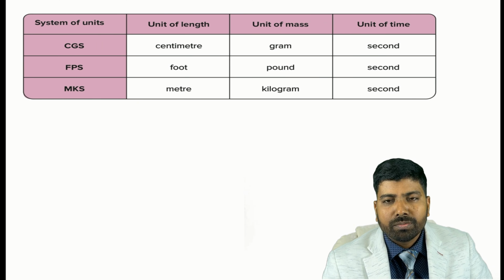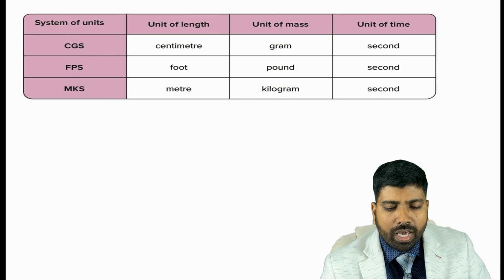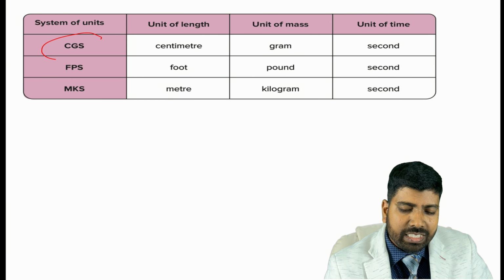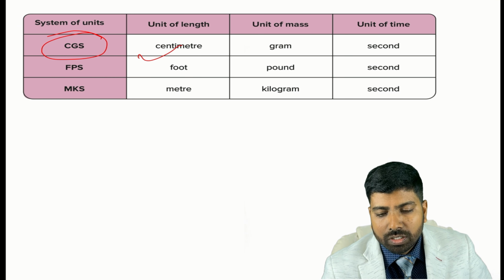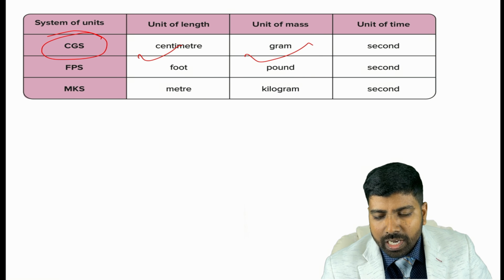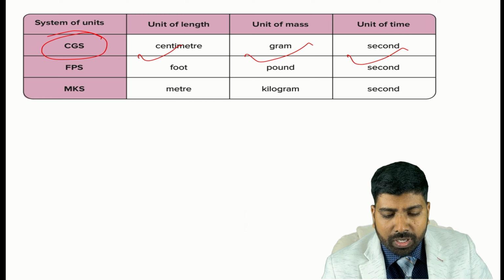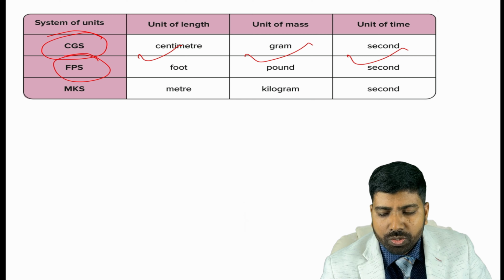So we have some systems of measurement. One system is CGS, where length is measured in centimeter, mass in gram, and time in second. Similarly, we have another one, FPS: foot, pound, and second.